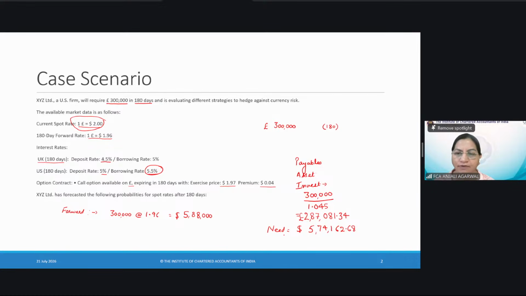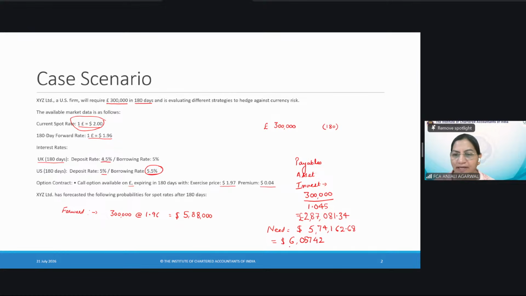Now what will happen after 180 days? You will repay 5,74,162.68 at the rate of 5.5%. So together with interest, if this figure is multiplied by 1.055, you end up getting 6,05,741.40, which we can round off to $42.